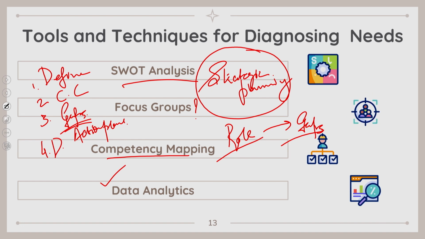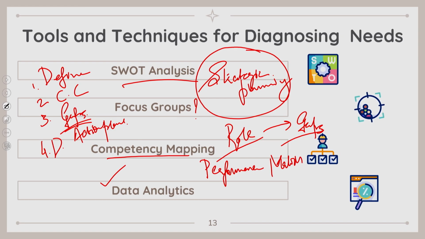If you look into the types of data used in diagnosing needs, it could be something we have already seen, the performance metrics. These track KPIs such as sales figures, productivity rates or error percentages. Let's take an example: declining sales figures among new hires suggest inadequate onboarding training.